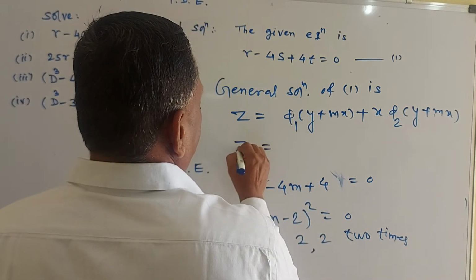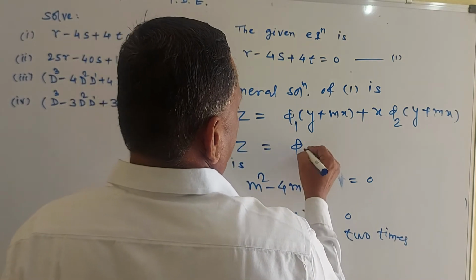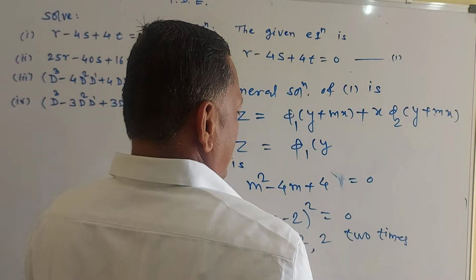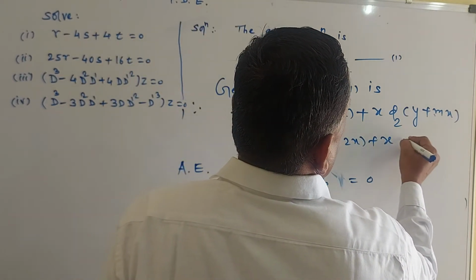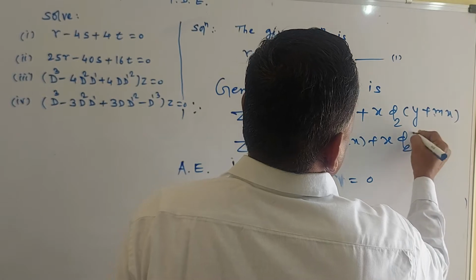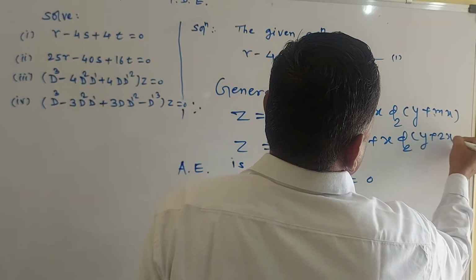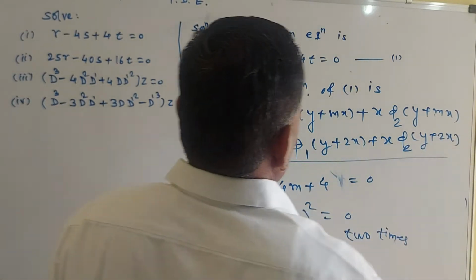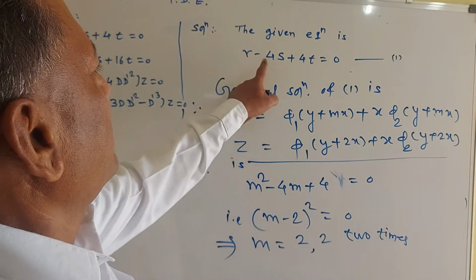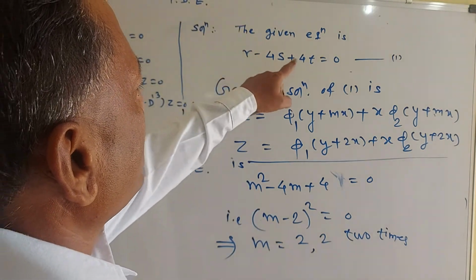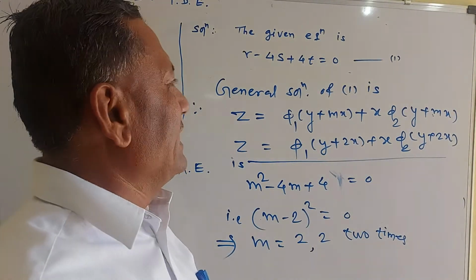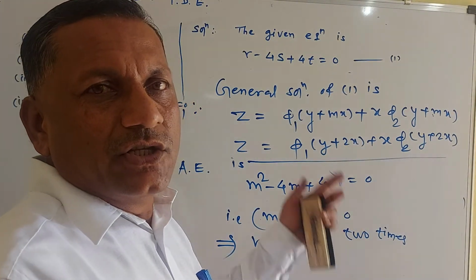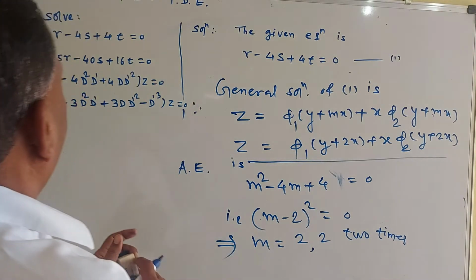So z is equal to phi 1 of y plus 2x plus x into phi 2 of y plus 2x, with m equal to 2. This is the general solution of the given partial differential equation r minus 4s plus 4t is equal to 0, which is of the form f of D, D dash operated on z is equal to 0.